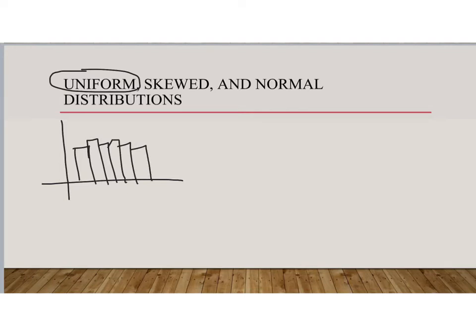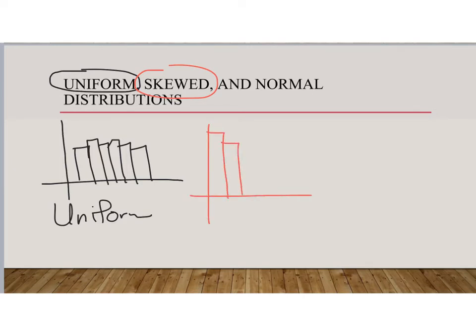Almost all of them have about the same. If it was skewed, skewed means it's just kind of pushed one way. So a skewed distribution might look like this. We have a lot of very low scores or low values, and then it looks like this.